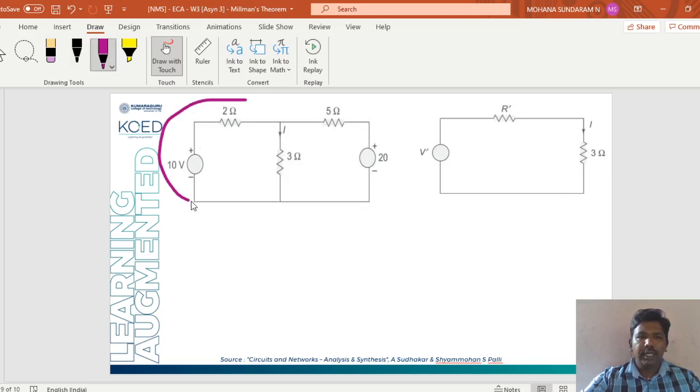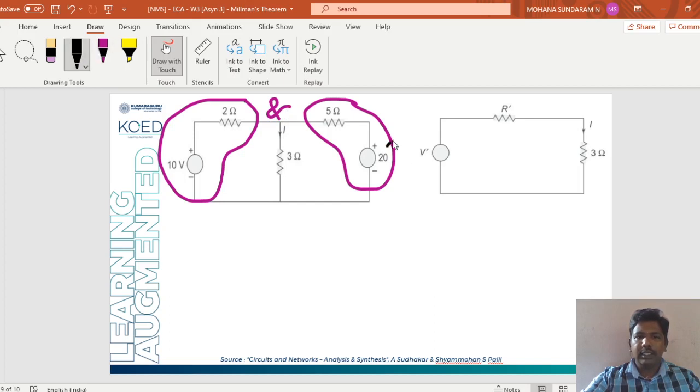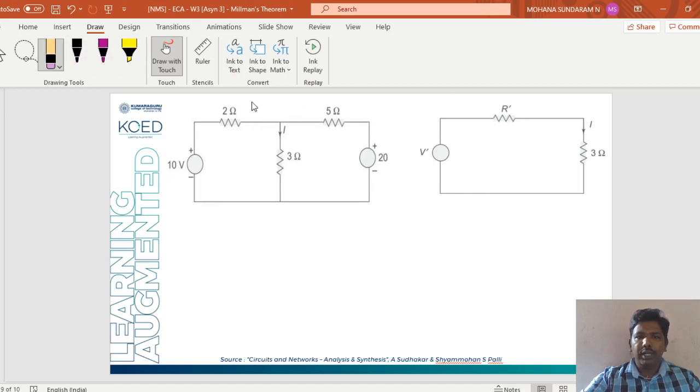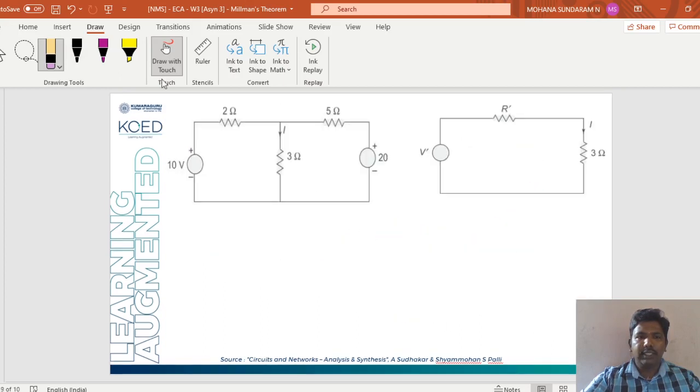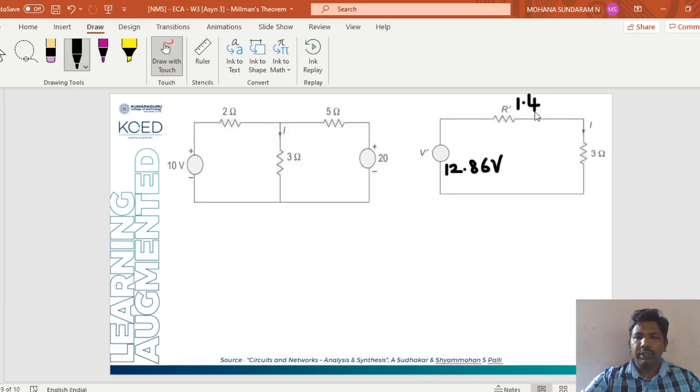We have combined these two parallel voltage and resistance branches and represented them as a single voltage source and a single resistance, R dash. The value of V dash is 12.86 volts and R dash is 1.43 ohms.